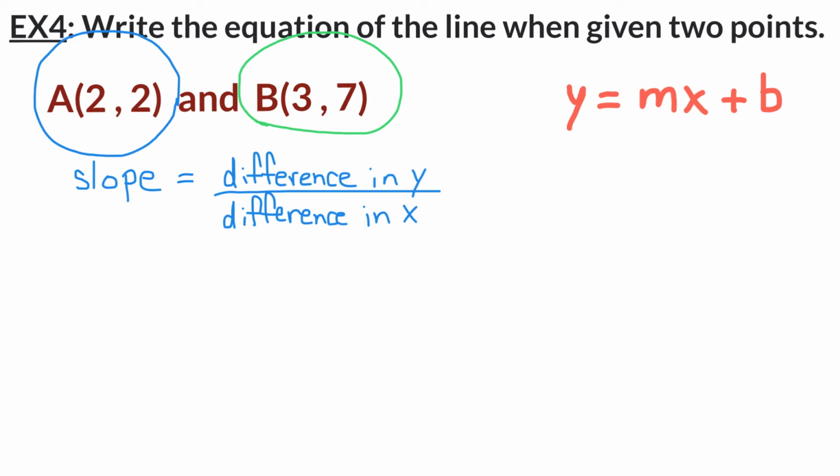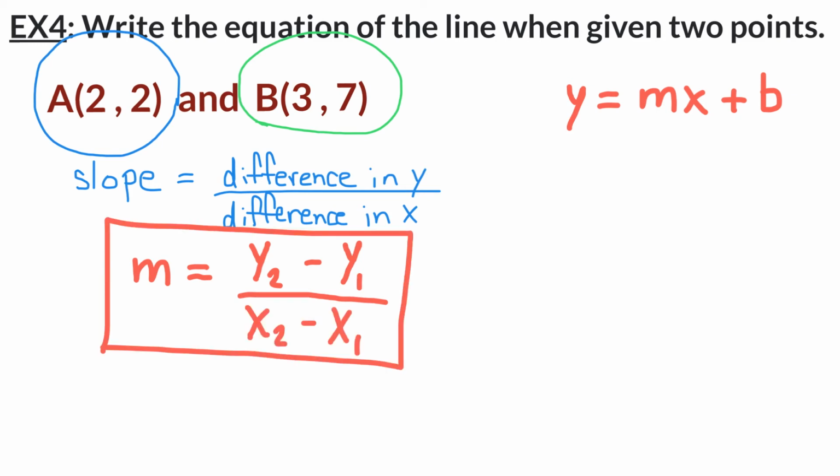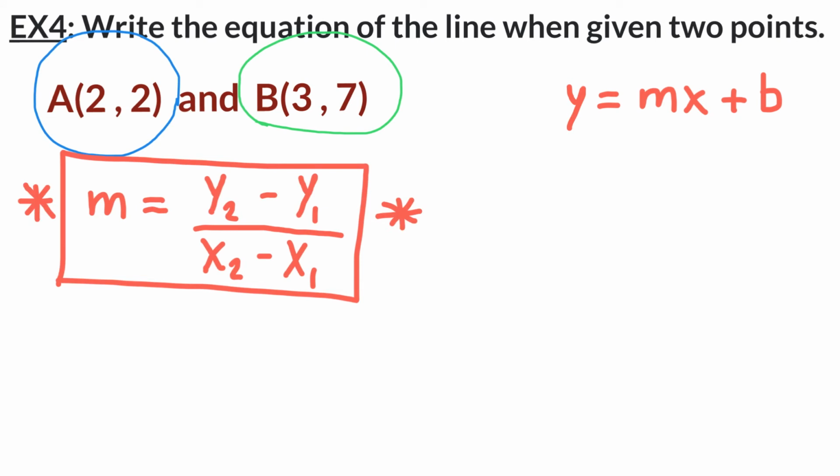Another way to write this is m equals y2 minus y1 divided by x2 minus x1. In order to use this formula, we must label the points. Point 1, we call it A, which is x1, y1. Point 2 is B, which is x2, y2.